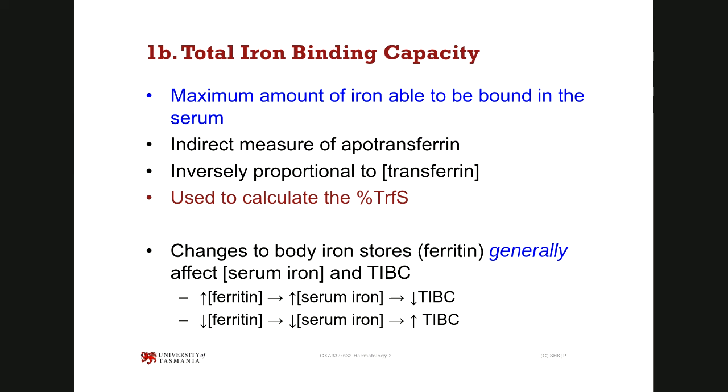Remember that apotransferrin is the transferrin protein without the iron attached to it. That's why it's inversely proportional to the concentration of transferrin, because it's the transferrin that hasn't had the iron attached to it. So what we're trying to determine is how much capacity is left within the plasma or the serum to take on more iron.